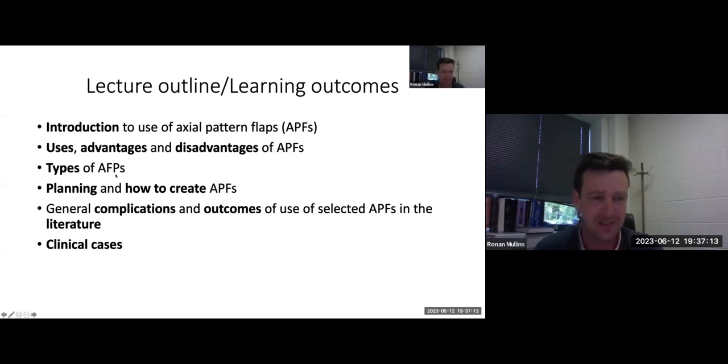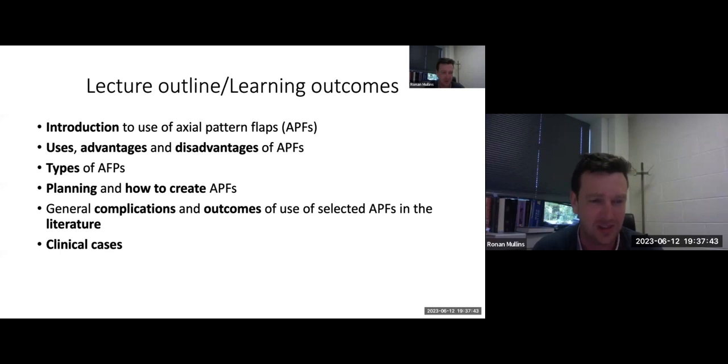So this evening, I'll take you through what I consider my top 5. There are about 12 and upwards of these recognized, but obviously we don't have time to go through every single one of them. The next part is quite practical, which looks at how I create these flaps, why I create them, the planning that goes into them and the design.